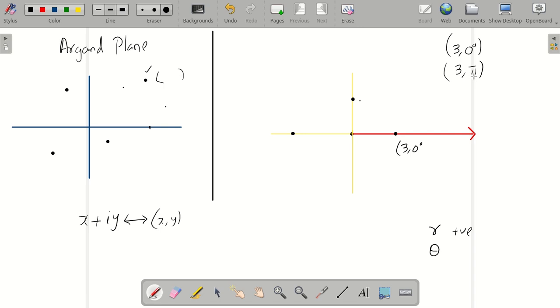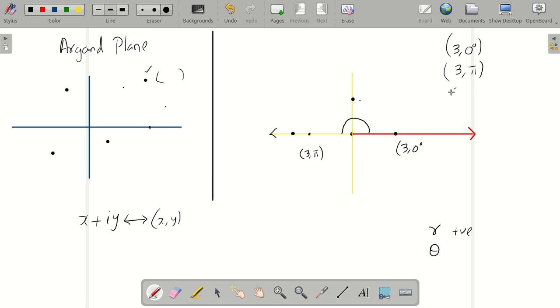Now it's 180 degrees. So I have to start from here and move 180 degrees, and it is positive 3. And positive means it will turn like a clock, and it will be somewhere around here. So this is my (3, pi).